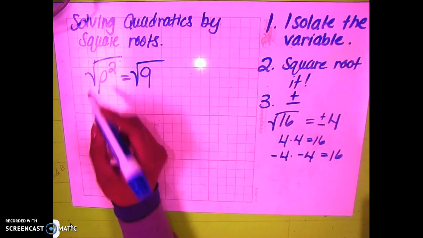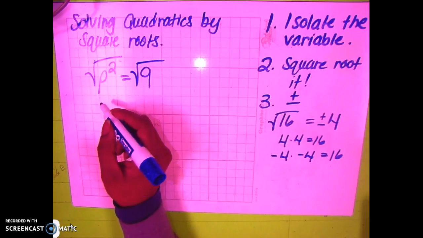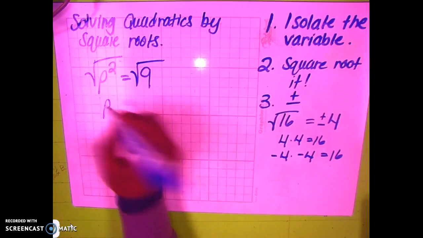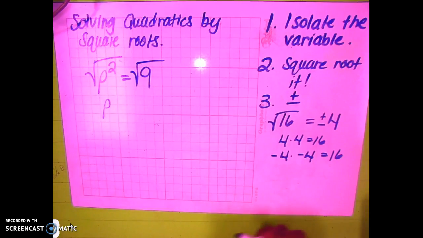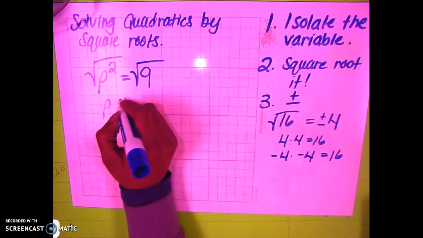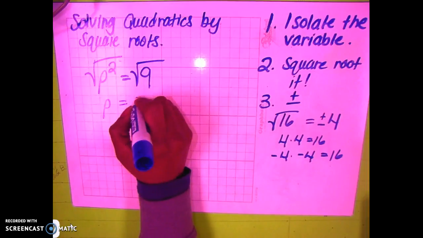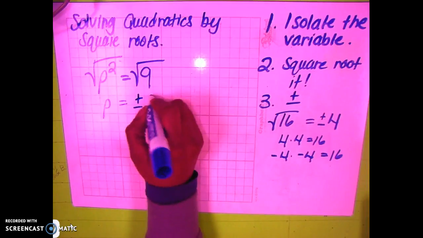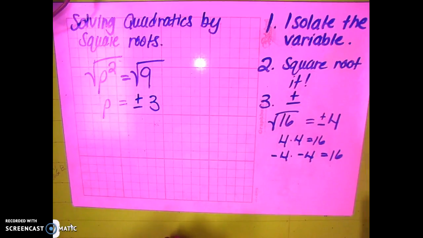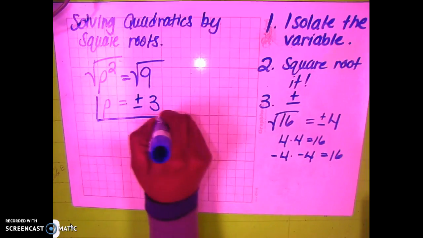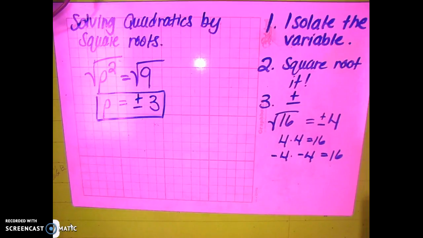The square root of p squared is p, because p times p equals p squared. And then the square root of 9 is going to be a plus or minus 3, because it could be positive or negative. And for this question, you are done.